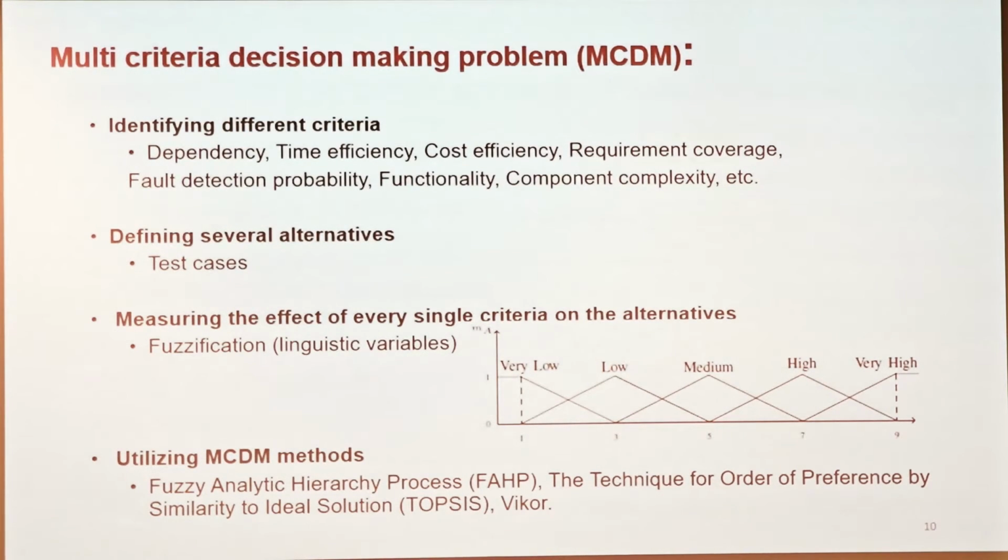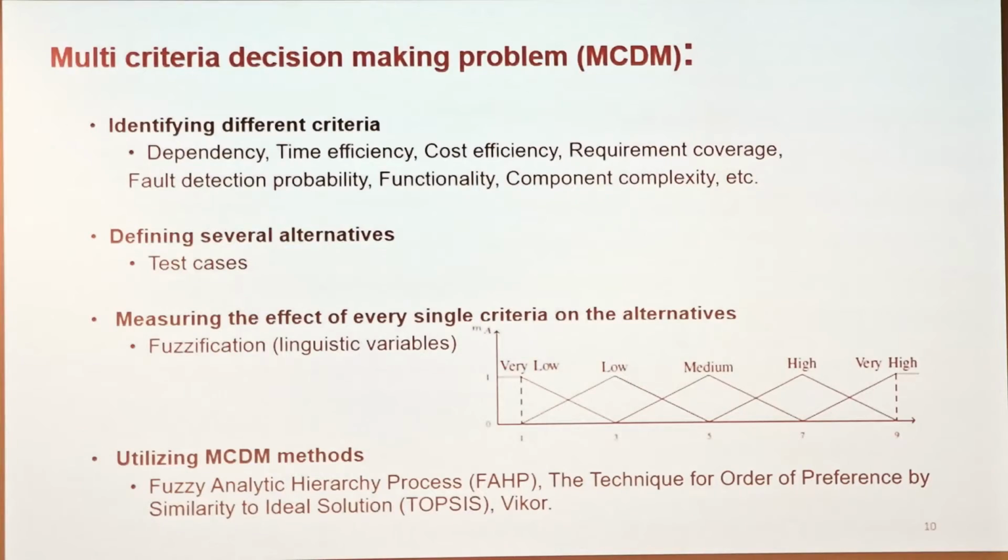The criteria that we have identified in this project are, first, dependency, which is the most critical criterion for us. When we are talking about integration testing, it makes sense: you are combining two components and you are trying to test the interface between them. The dependency between components and the dependency between test cases are the most important things. Time efficiency: what is the required time for execution?